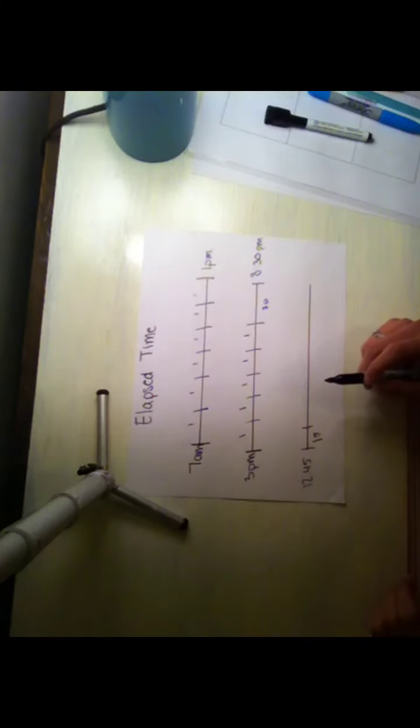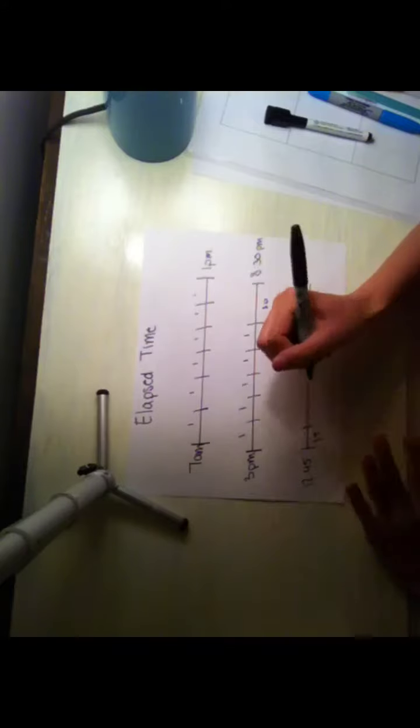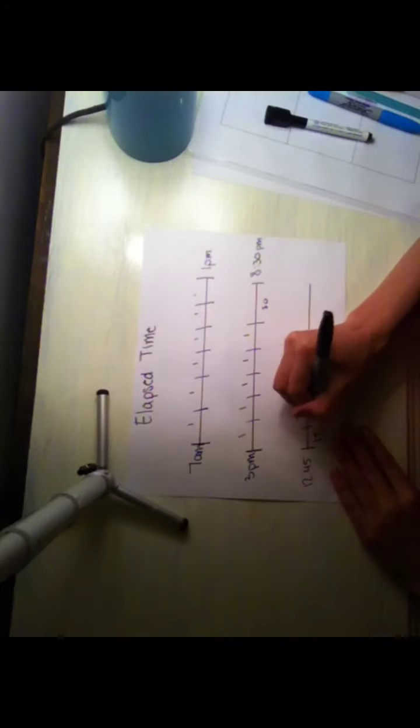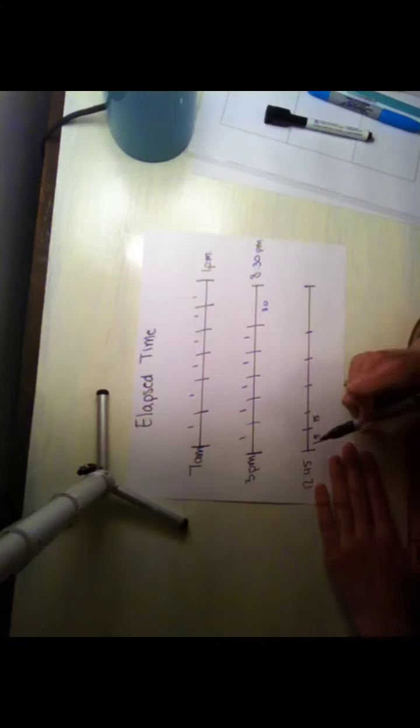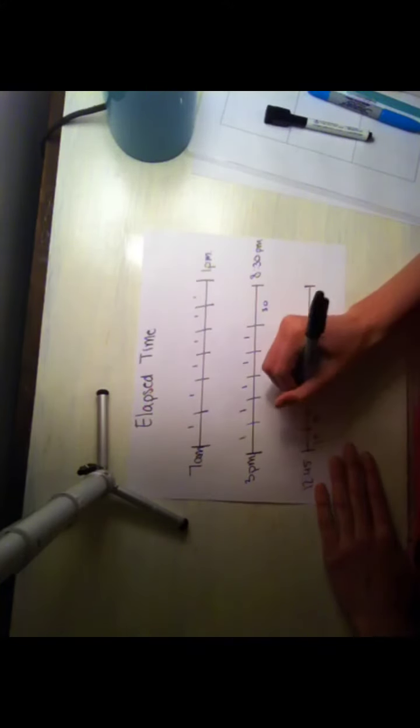So if you want, we can just go ahead and finish out the other 15 minutes. So here's another 15 minutes. So there goes our 30 minutes. So now we just need 4 hours. So 1, 2, 3, 4. So we have 15 minutes, 1 hour, 1 hour, 1 hour, 1 hour.